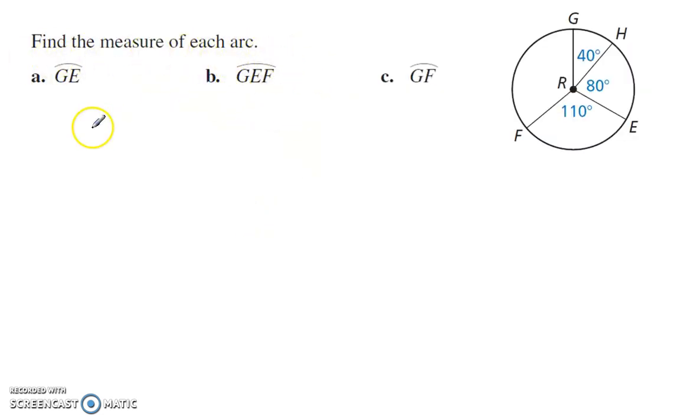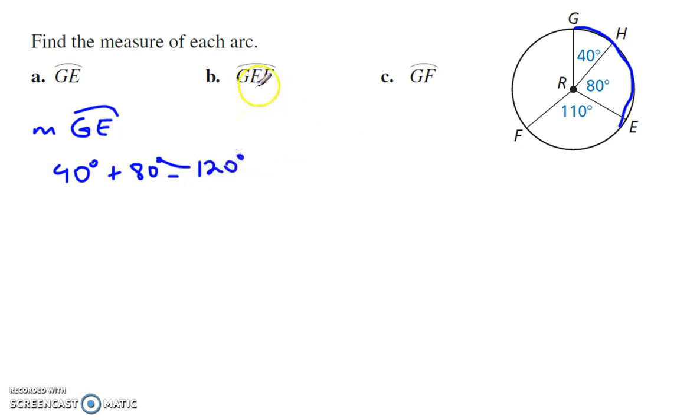Find the measure of each arc. So the measure of GE, we have from G to H to E. So that's arc GH plus arc HE, and that is 40 degrees plus 80 degrees, and that is 120 degrees.